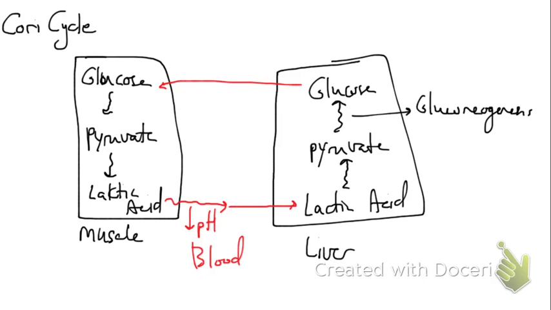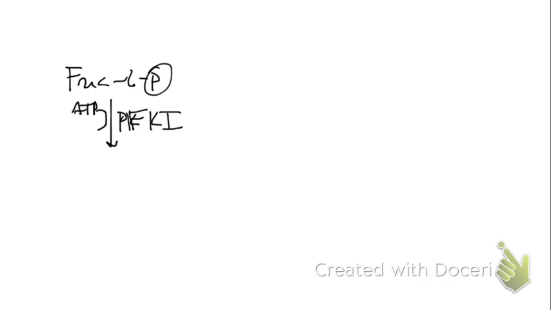So let's look at it in a little bit more detail. Let's just focus in on a couple steps, especially within the liver with gluconeogenesis. So we have fructose 6-phosphate. In glycolysis, PFK1 phosphorylates it to fructose 1,6-bisphosphate, right?